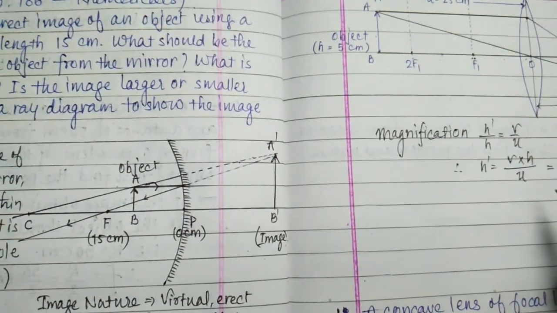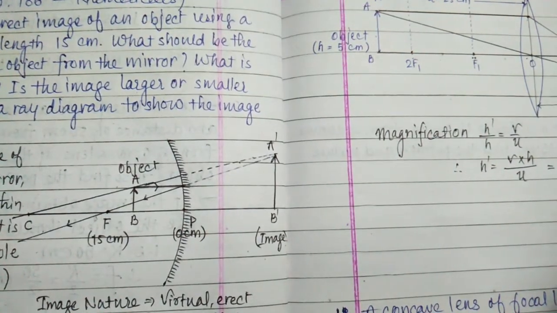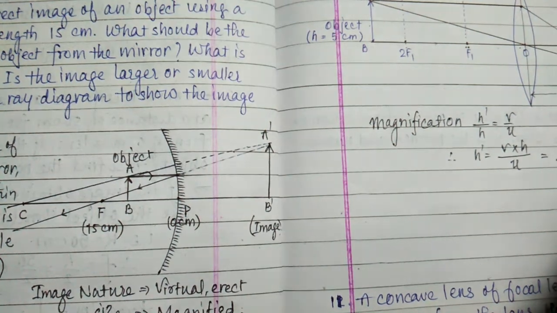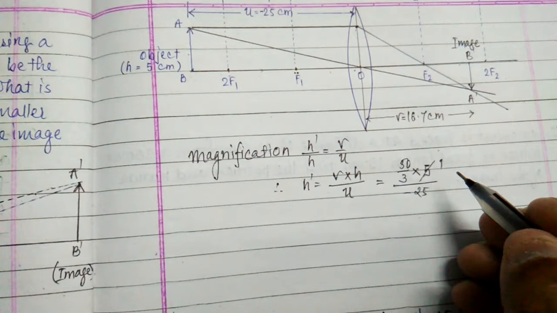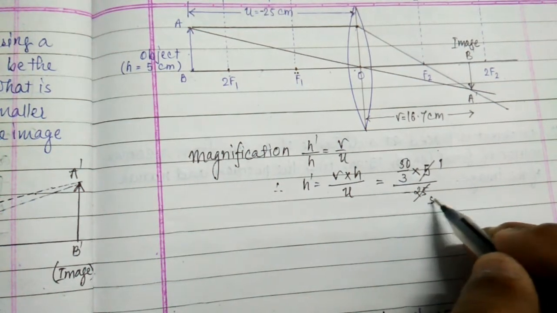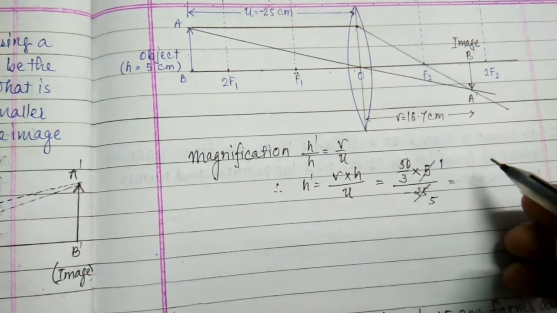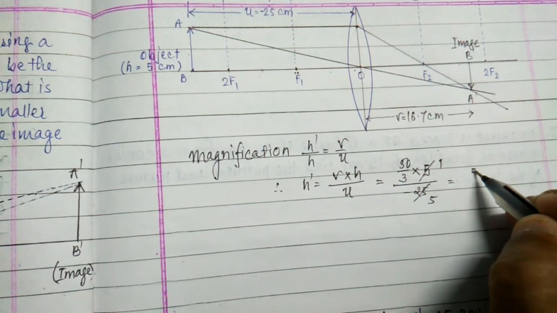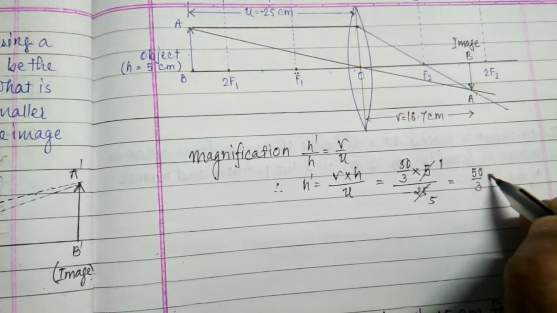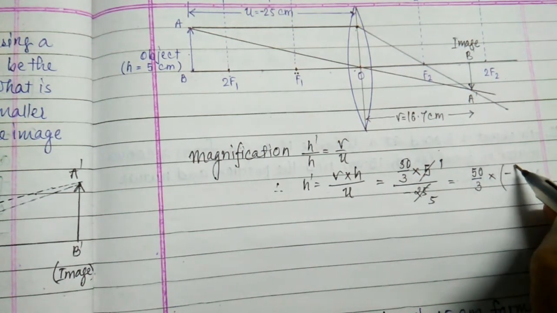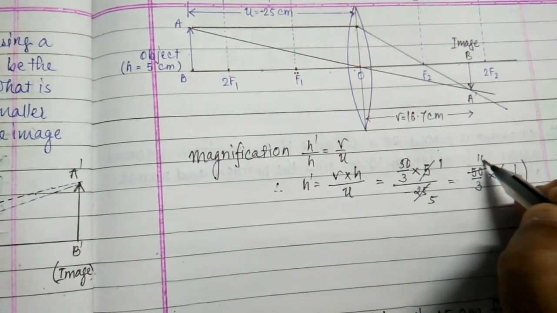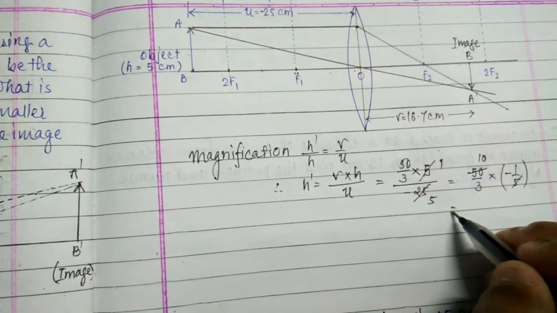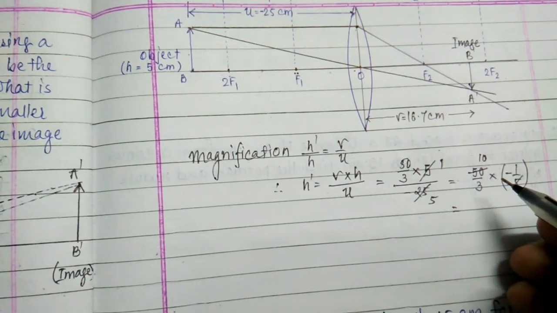And u is equal to minus 25. So 5 ones are 5, 5 fives are 25. So it is 50 upon 3 into minus 1 upon 5. 5 tens are 50. So it is minus 10 upon 3.